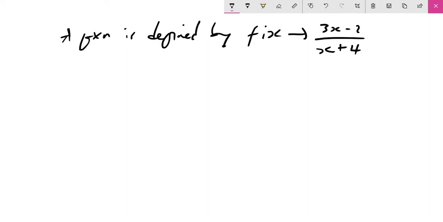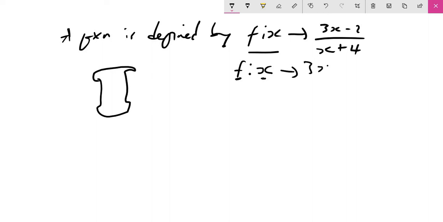Remember I said you should think of a function as a machine. You should still do so, okay? So this statement means that there is a function called f. So this is the name of the function. It is such that it takes any value x and then it does this to it. It multiplies by 3, subtracts 2 and divides by x plus 4. So that is all this means.